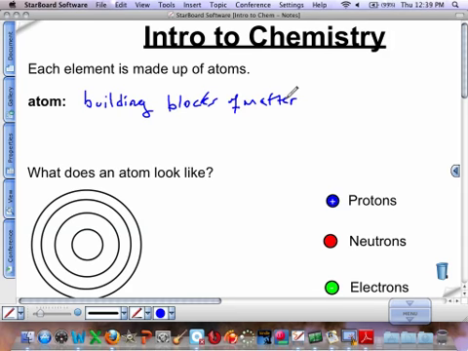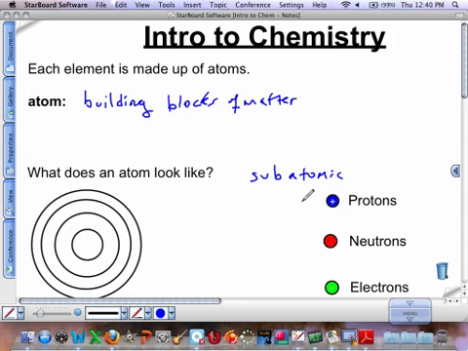And an atom of every element on the periodic table can be broken down further into these subparticles we call subatomic particles. So we're going to get even smaller than the atom. Now I'm going to bore you to death here for a minute. We used to think that the atoms were really this solid spherical thing.